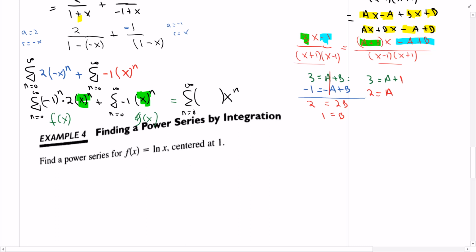And in here, I'm just going to put this plus this, so negative 1 to the n times 2 plus negative 1. And that's the nth term piece of it.